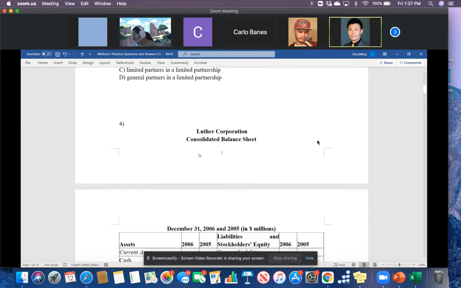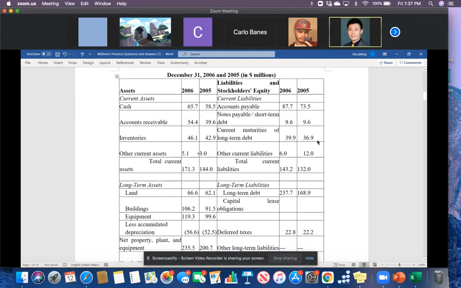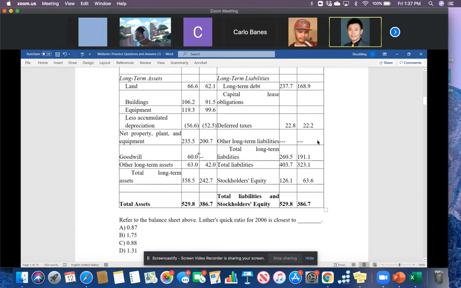Okay. For question 4, we have a table, and this is a balance sheet. Stay focused. The question asks us, what is this company's quick ratio for year 2006? Okay, to calculate the quick ratio for this company, there are two things you need to know. First of all, what is the formula to calculate the quick ratio, right?